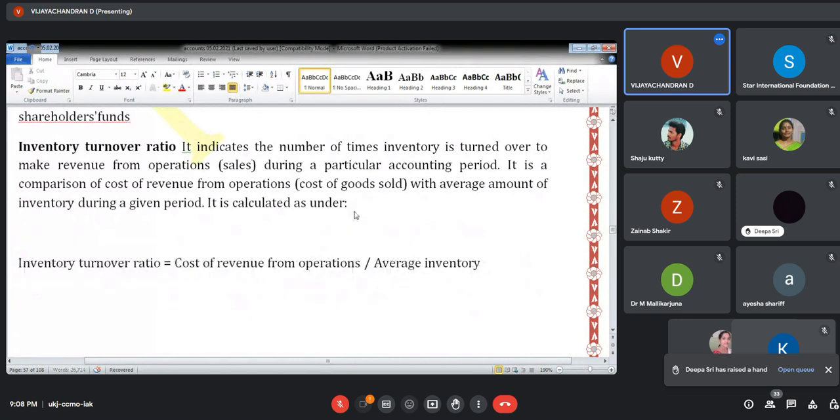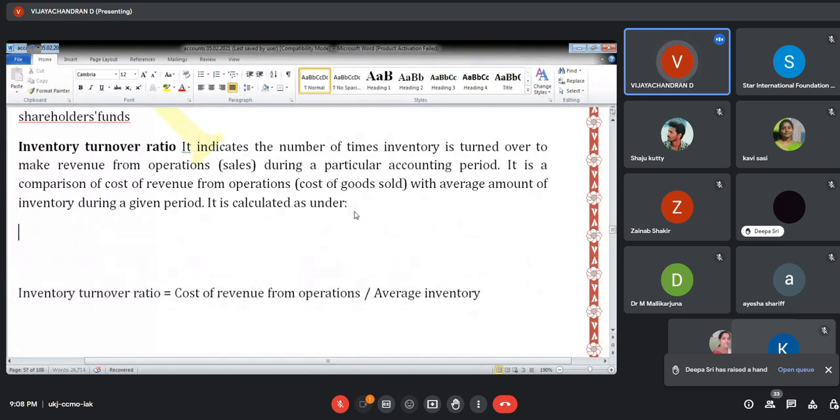Cost of goods sold equals sales minus gross profit, ma'am. Correct, ma'am.